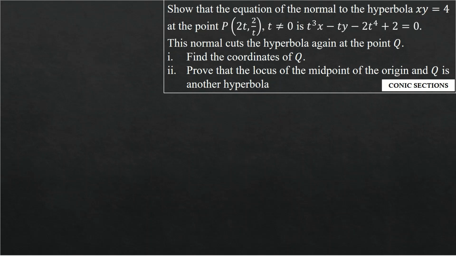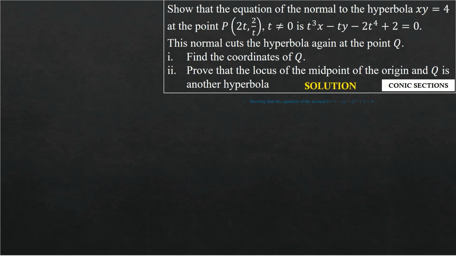You read, this normal meets the hyperbola again at a certain point Q. The first part says we should find the coordinates of Q, and the second part says we should prove that the locus of the midpoint of the origin and Q is another hyperbola. Alright, so pay keen attention here and don't lose focus.